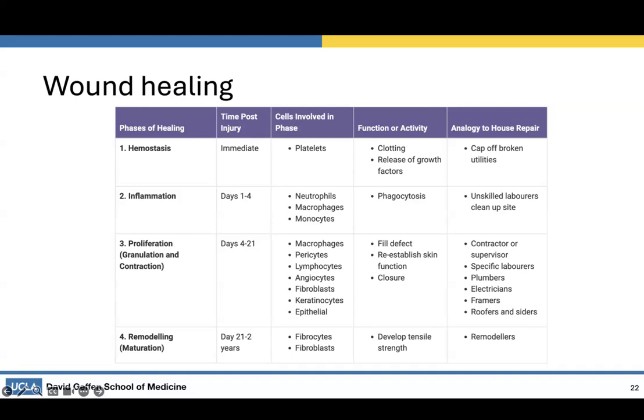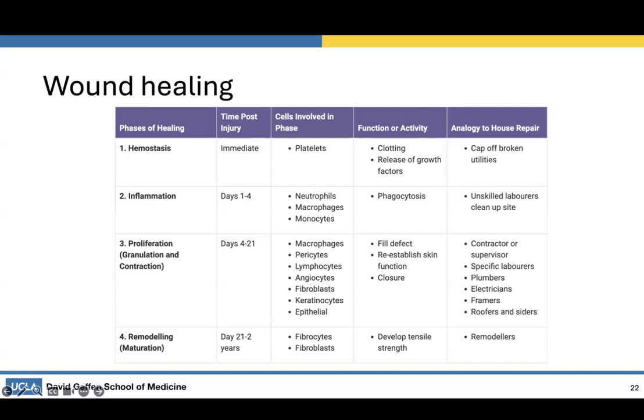So starting with phase 1, hemostasis. That happens immediately post-injury, and it involves platelets that help clot and release growth factors. The analogy is, think of a cap that is broken off one of the utilities. What happens immediately? The next phase is inflammation, and this happens between 1 and 4 days post-injury.